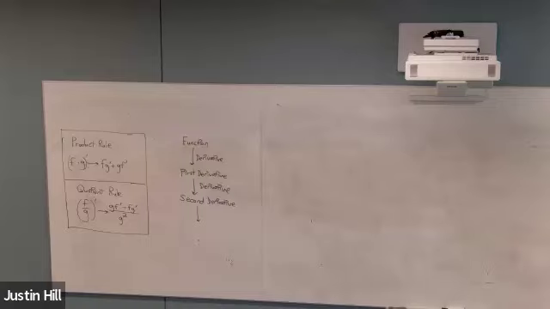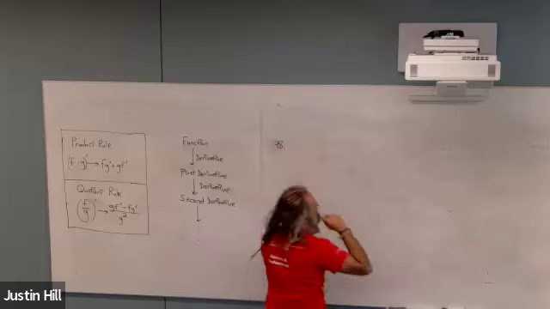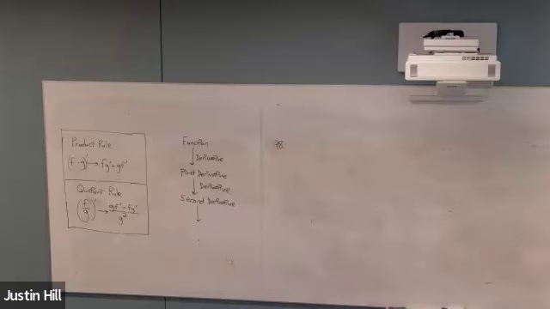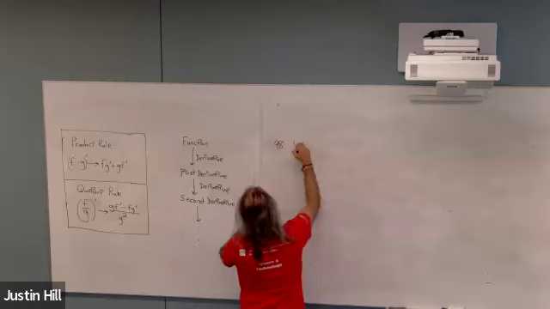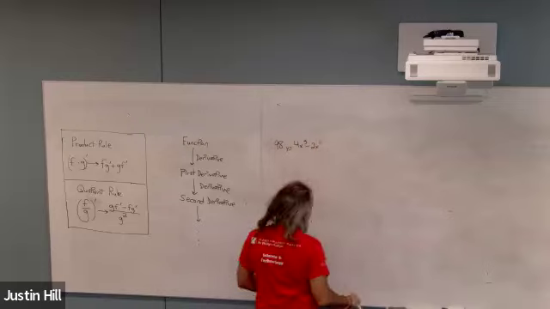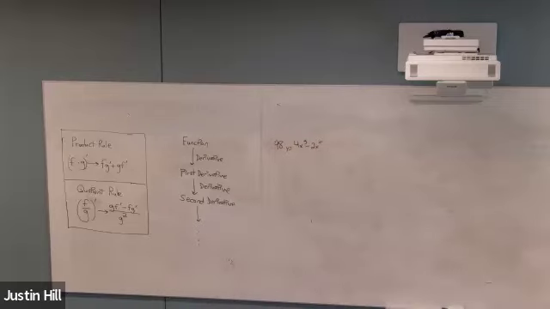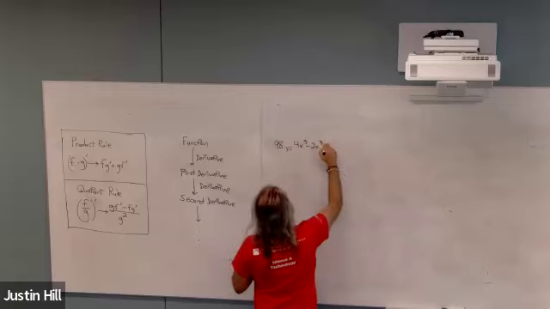Let's start with something like this, number 98 out of their exercises: 4x to the fifth minus 2x cubed plus 5x squared.